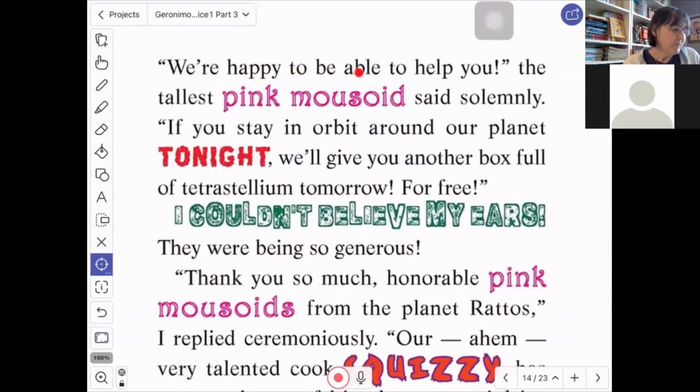We're happy to be able to help you, the tallest pink mousoid said solemnly. If you stay in orbit around our planet tonight, we'll give you another box full of tetrastellium tomorrow for free.